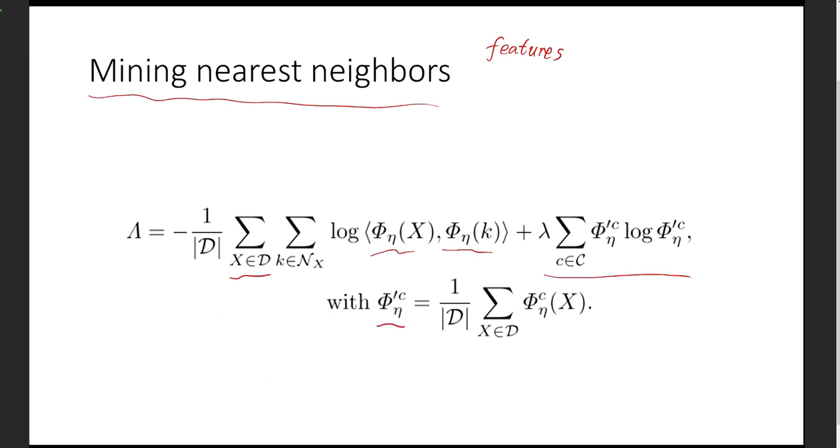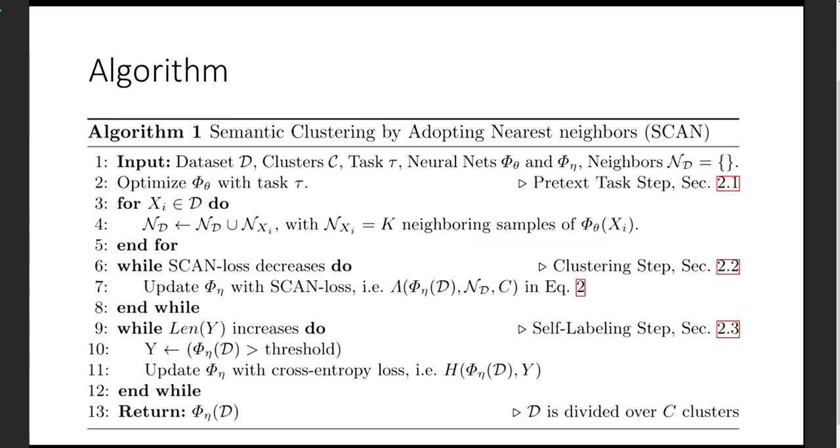We take x from all data sets to compute the probability vector, take the sum and divide, which means it's the average over all the probability vectors.